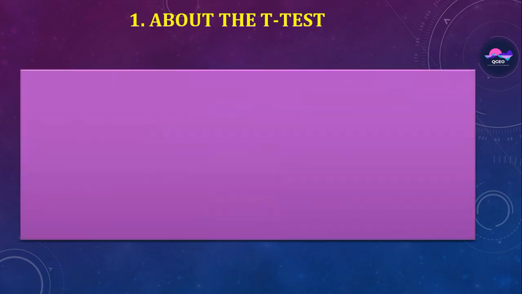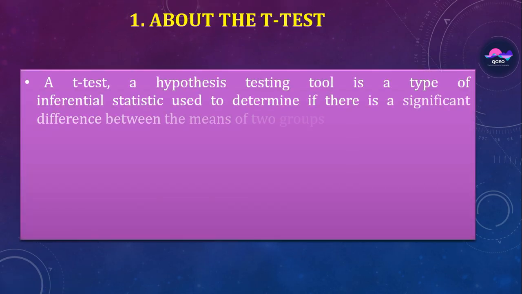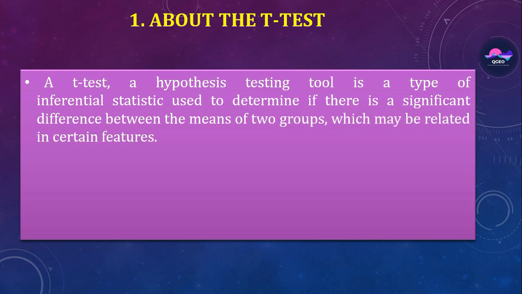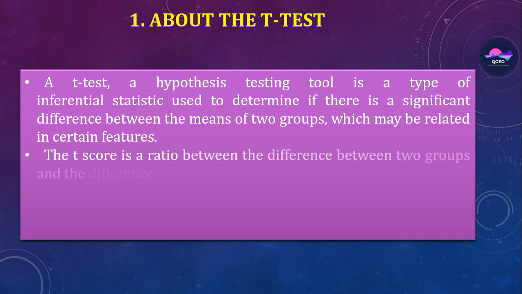About the t-test. A t-test, a hypothesis testing tool, is a type of inferential statistics used to determine if there is a significant difference between the means of two groups which may be related in certain features. The t-score is a ratio between the difference between two groups and the difference within the groups.